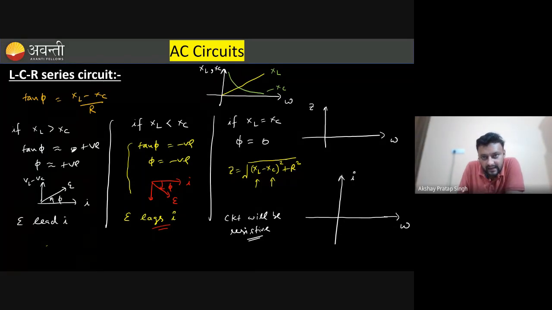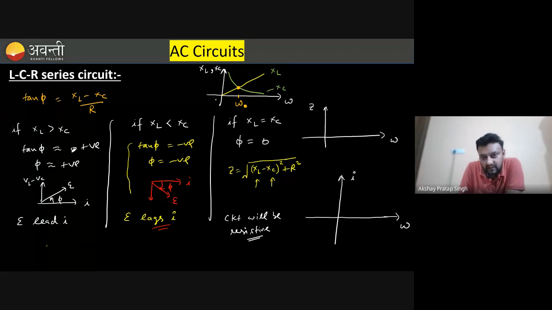The frequency at which XL and XC become equal is known as the natural frequency or the resonance frequency, denoted by omega naught. Notice this point.